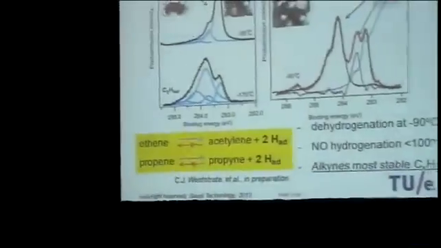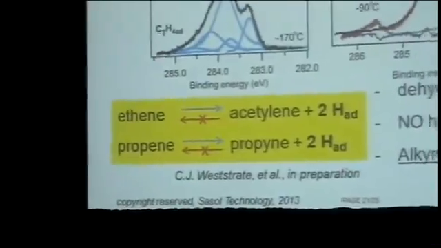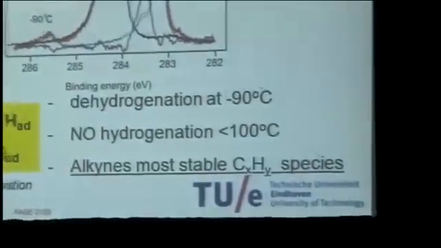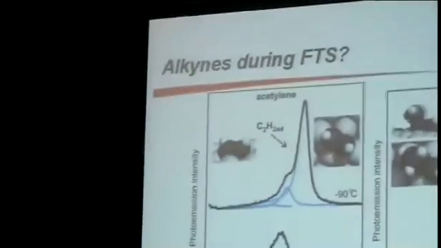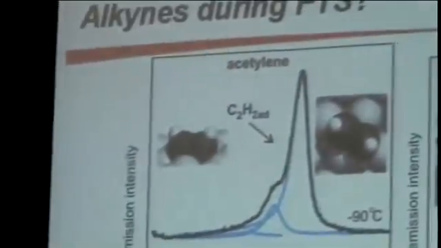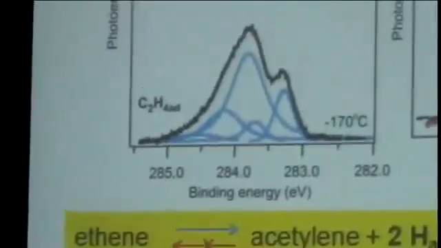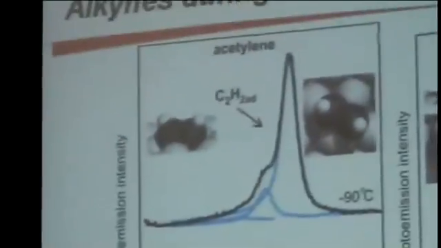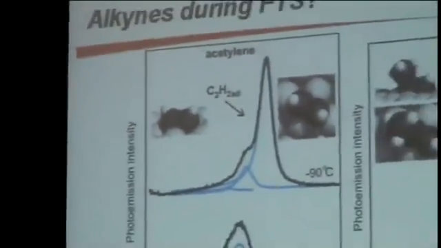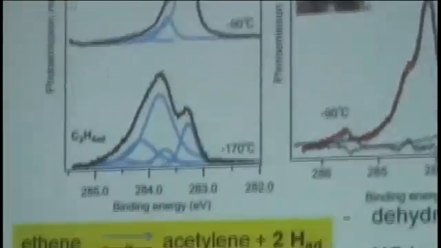So we can prove it experimentally, again with the synchrotron XPS, my favorite tool. We dose ethylene at low temperature on the surface, and it adsorbs molecularly. But when we heat it just to -90, we see acetylene being formed: acetylene plus surface hydrogen. That's the stable species that you find experimentally. Now for propylene, exactly the same thing.